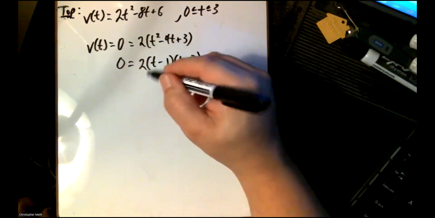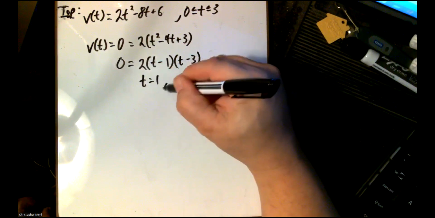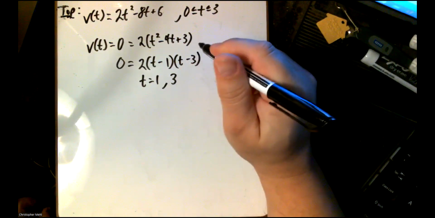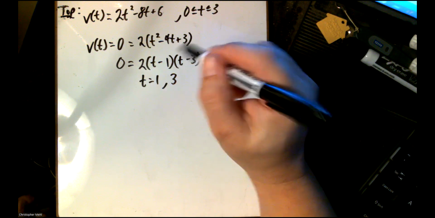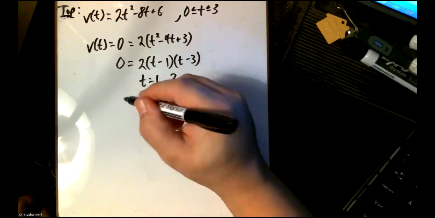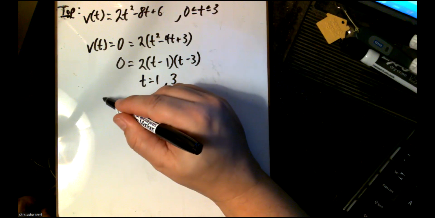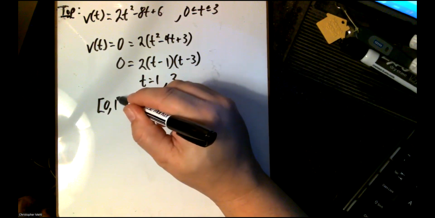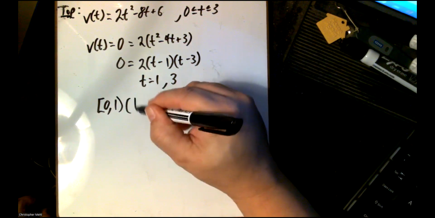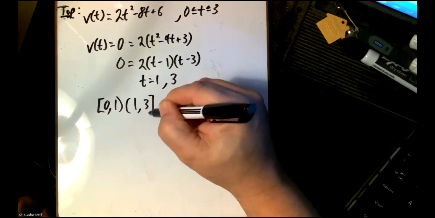If I set that equal to 0, I see t equals 1 and t equals 3. Those are my 0 points. And since I'm going from 0 to 3, I want to know, what does this thing look like from 0 to 1? And what does it look like from 1 to 3?